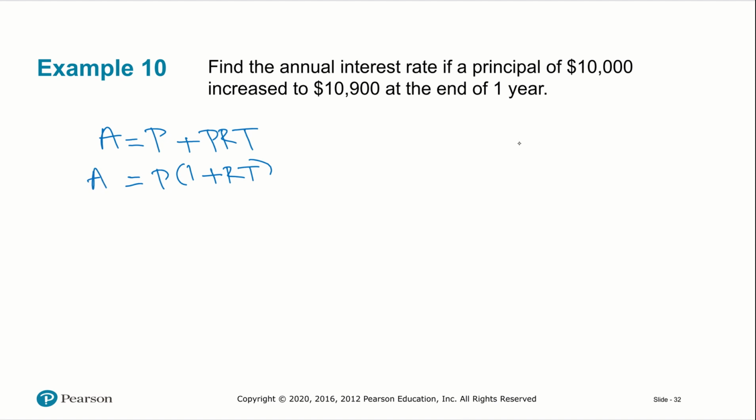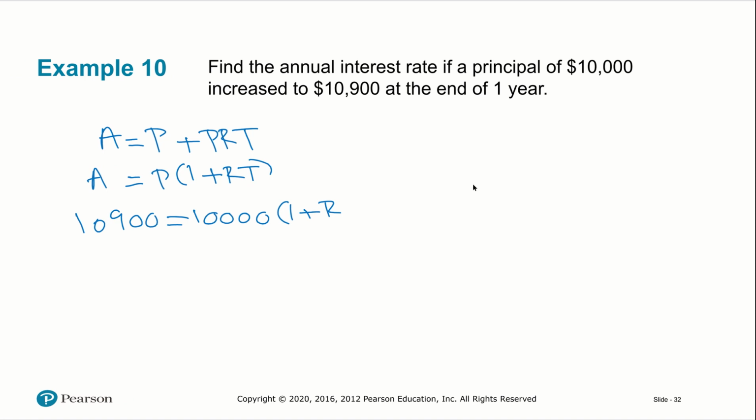So we know the future amount was 10,900 equals the principal, which was 10,000, times 1 plus RT. Now, T we know. We don't know the rate, but we know the T is just 1, right?